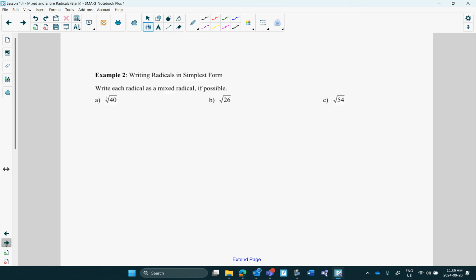Let's look at a few more, now that we've sort of warmed up with them. So remember, when you see a square root and are asked to simplify it to a mixed radical, think perfect squares. When you see a cube root and asked to simplify to a mixed radical, think perfect cubes.